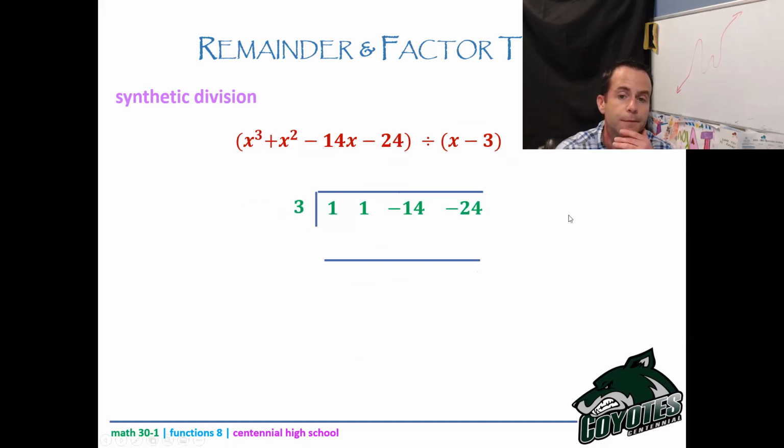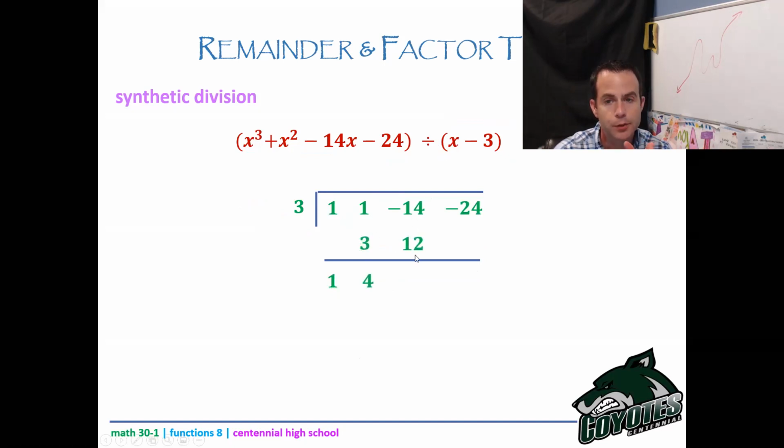Now, the first number drops right down, like we skip the working line, we drop right down to the answer. So there's going to be a 1 there. Then the 1 gets multiplied by the 3 and gets placed in the next working column. So 1 times 3 is 3, and then we add. 1 plus 3 is 4. 4 times 3 is 12, and then we add.